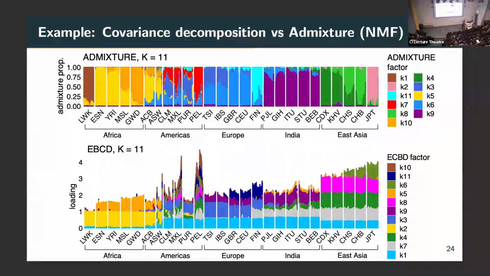And similarly with the Japanese, you can see that the Japanese now share a lot of components in this representation with the other East Asian groups, but are distinguished by a greater membership in this K6 green bar.